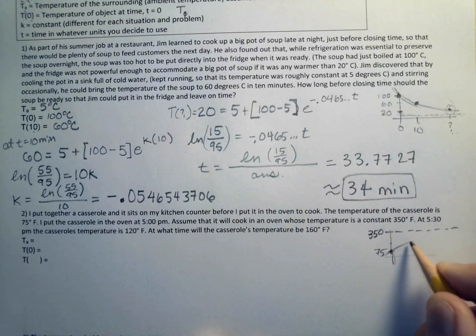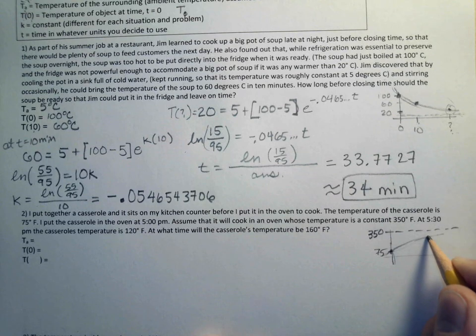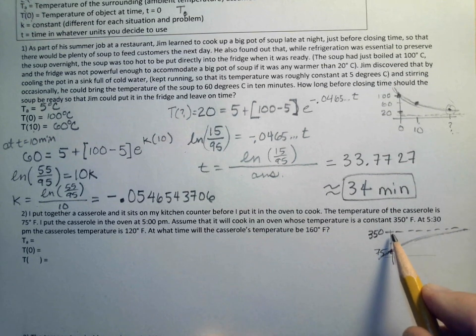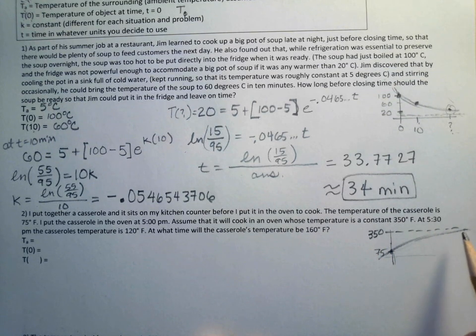But the temperature is increasing, and you can see over time it's getting closer and closer to this asymptote. So it's not like exponential growth like money in an account. It's still approaching an asymptote. So it's not growing like population growth.